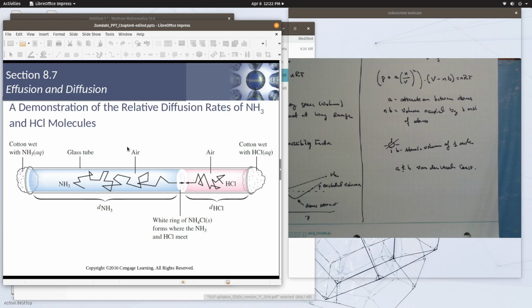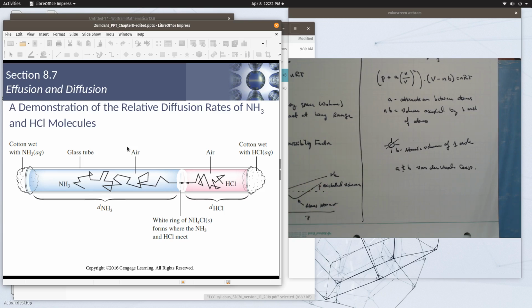A very easy way to look at diffusion is to go into a very still room, don't move, and open up a bottle of perfume, and the scent of that perfume will diffuse via molecular collisions, and eventually you'll smell this.